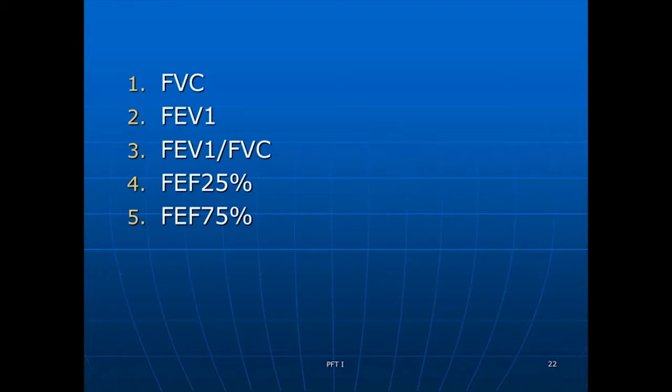So we're looking at different factors when we look at simple spirometry. Number one, we're looking at the forced vital capacity. Forced vital capacity simply means the amount of volume that is exhaled from the lungs during a forced expiration at 6 seconds.